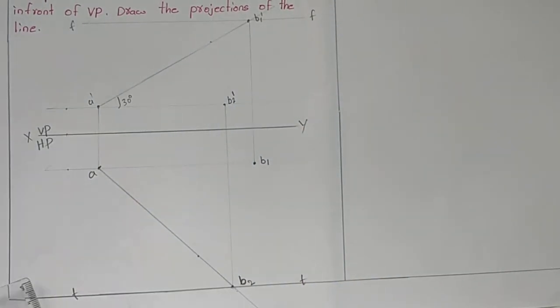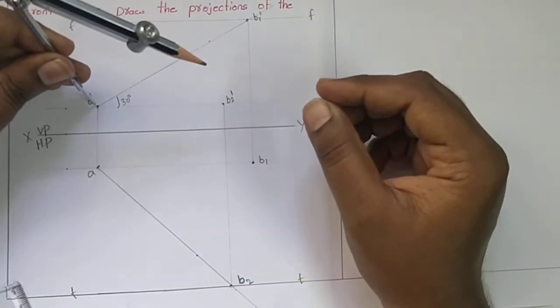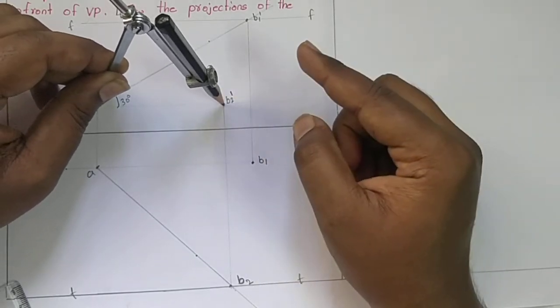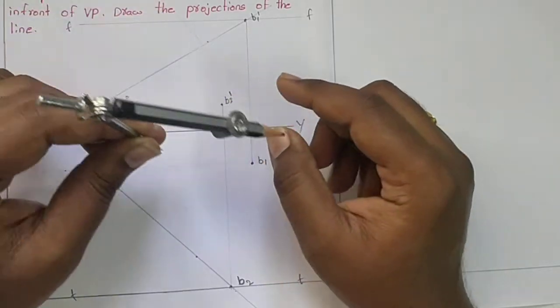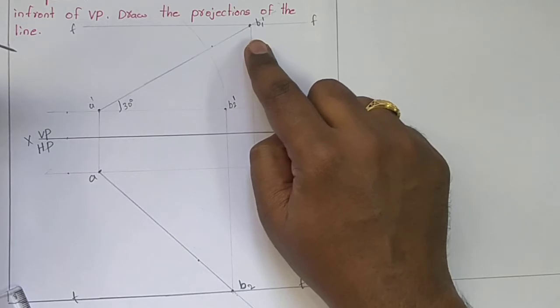Next, by using a compass, take A dash as center and radius A dash B2 dash. Draw an arc up to the locus of front view. This arc intersects at point FF, which is the locus of front view.